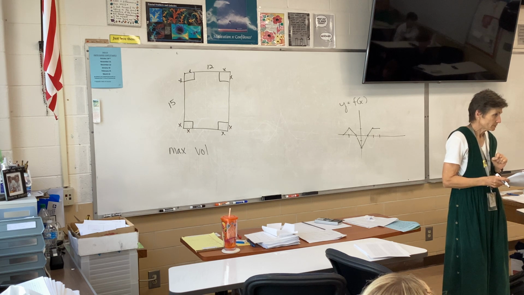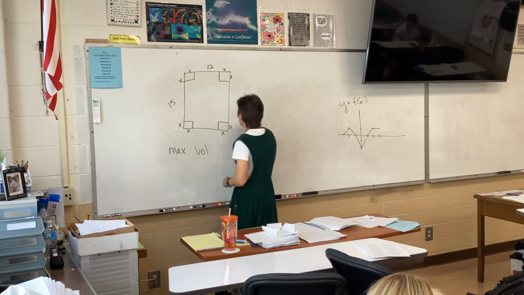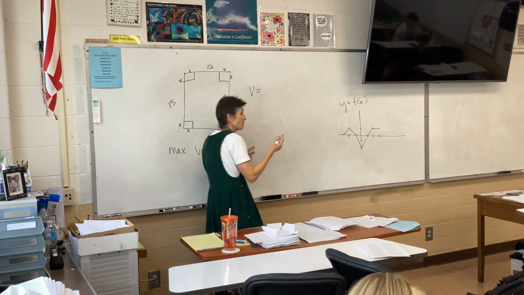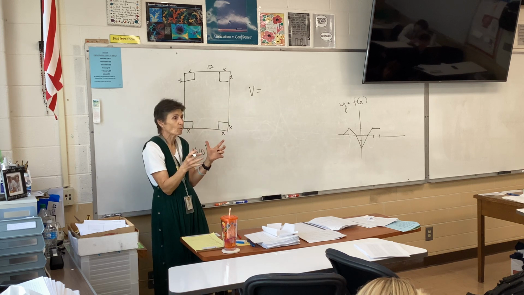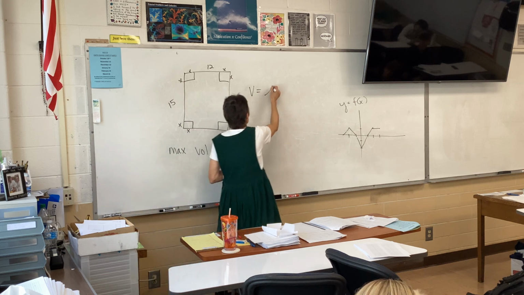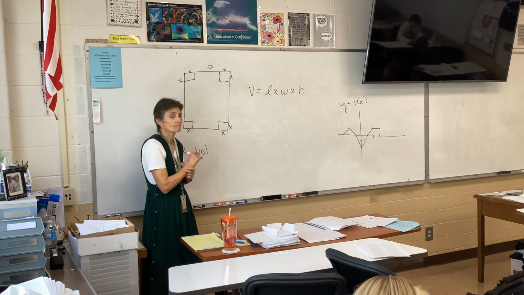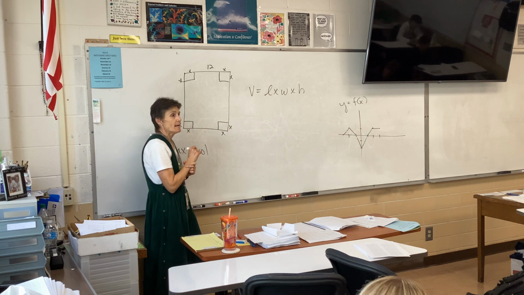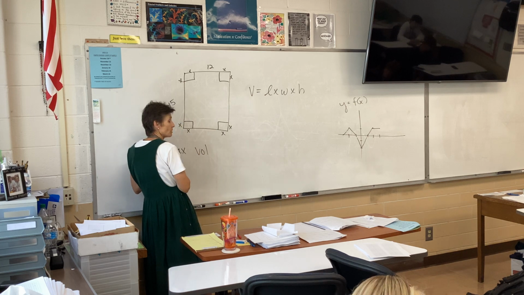Okay? All right. How do we find the volume of a box? What's the formula for the volume of what we call a rectangular solid? Length times width times height. Now, I want you to go back to your box, back to my picture.